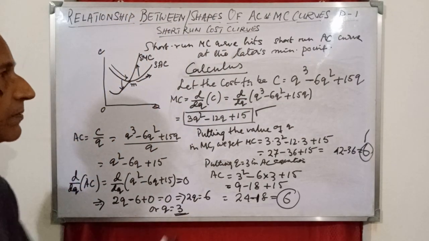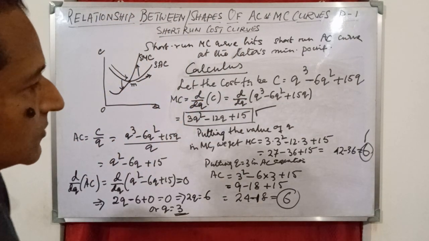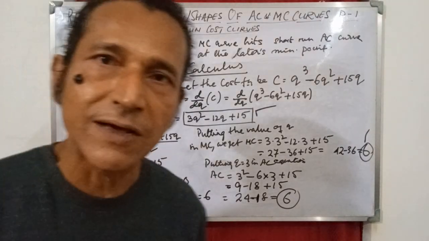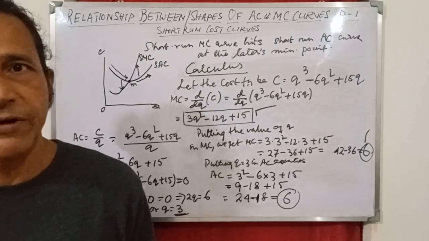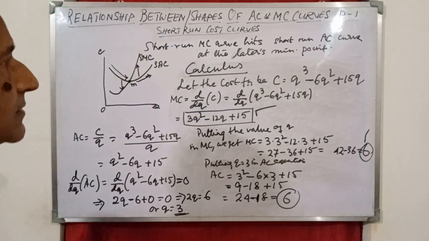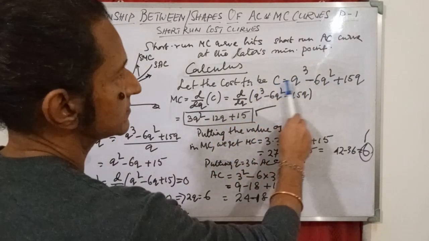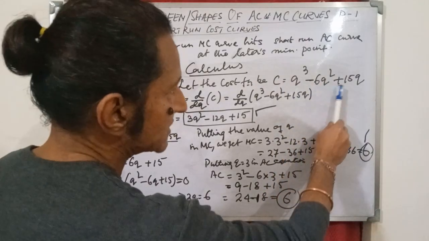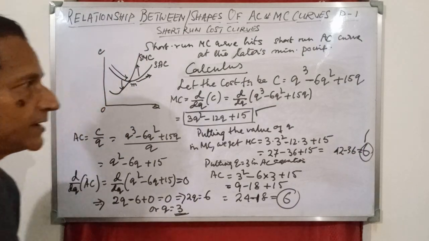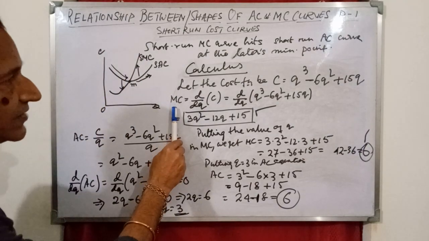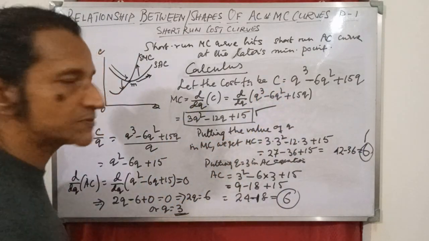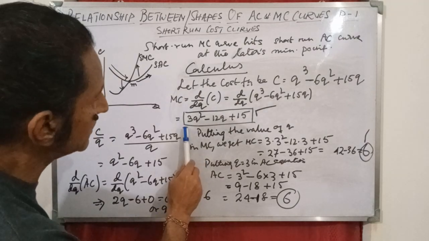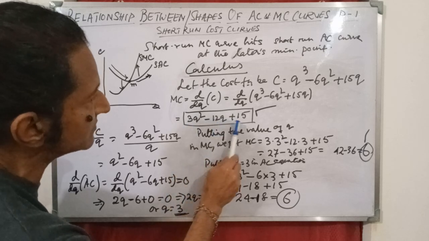And here I have used calculus to show that the marginal cost is equal to the average cost when the average cost is minimum. I have taken a cost function C equals Q to the power 3 minus 6Q square plus 15Q. From here we have taken the marginal cost by differentiating the total cost with respect to Q, and we have got the marginal cost equation as 3Q square minus 12Q plus 15.